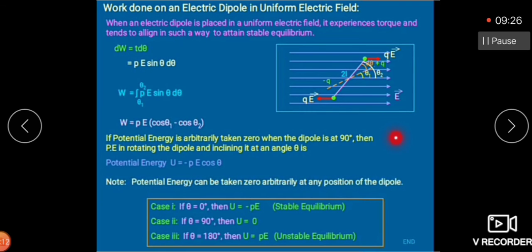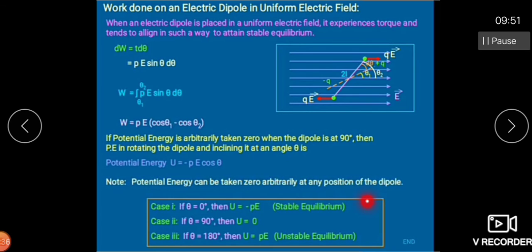If potential energy is arbitrarily taken 0 when the dipole is at 90 degree, then the potential energy in rotating the dipole and inclining it at an angle theta is U is equal to minus PE cos theta. There are different cases: stable equilibrium and unstable equilibrium.